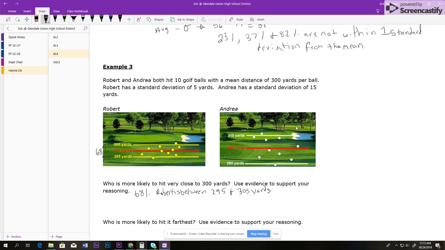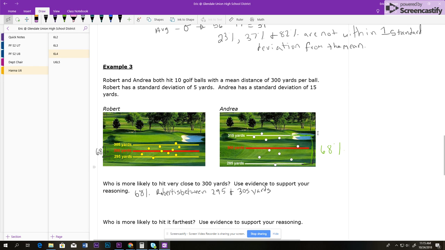If you look at Andrea, 68% of the time she is between 285 and 315 yards. So yes, her mean is 300, but her spread is a lot further away.